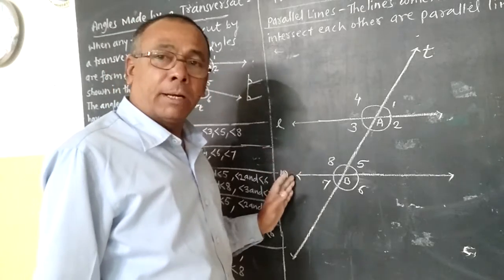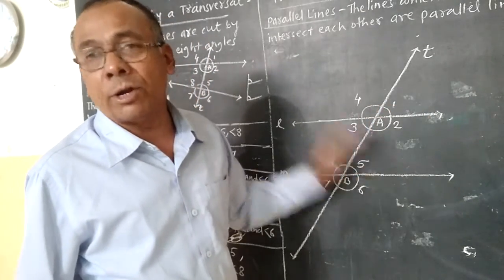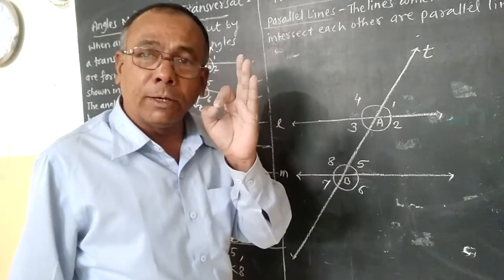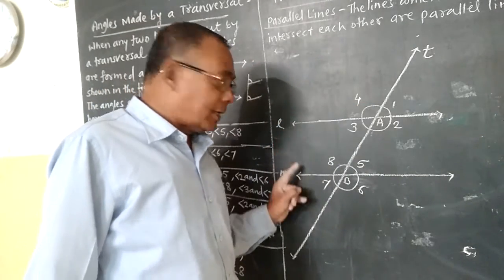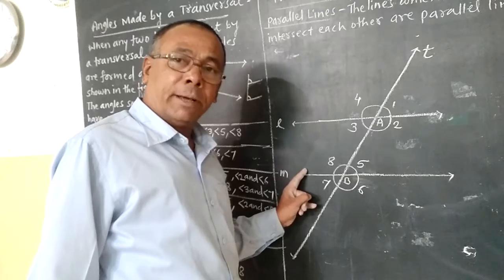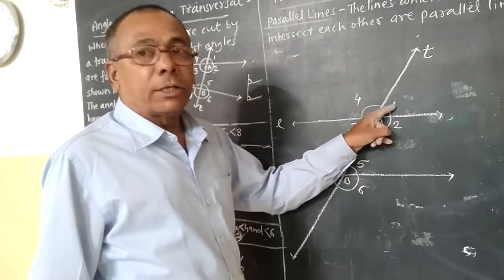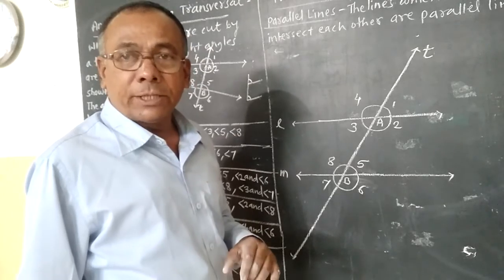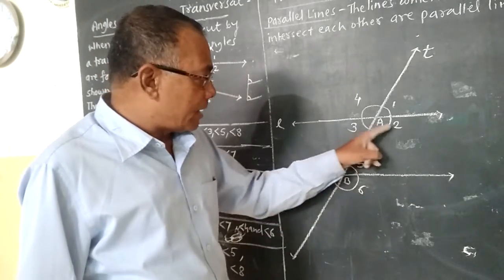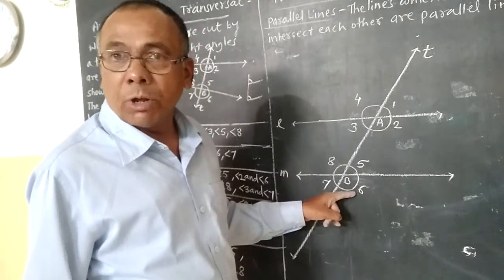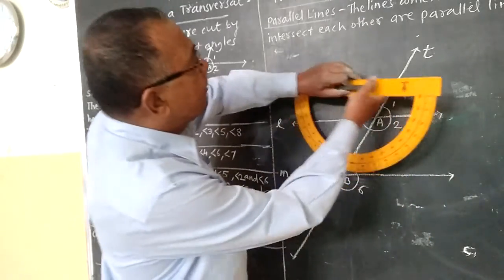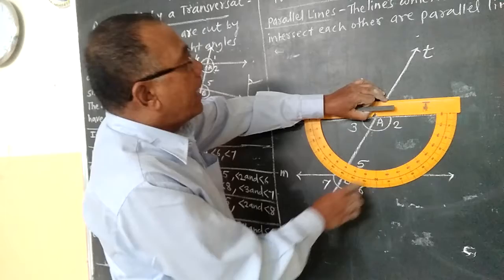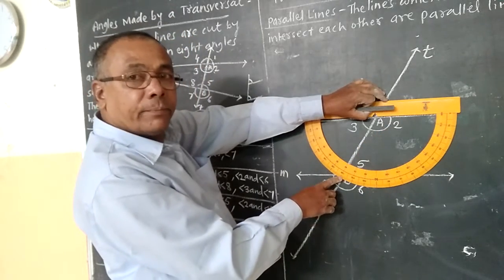If they are not parallel, then corresponding angles are not equal. Understand? So it is very important that if the two lines L and M are parallel, then the corresponding angles must be equal. We will check whether the second pair, angle 2 and angle 6, is equal or not. Here if we check, angle 2 is 120 degrees.